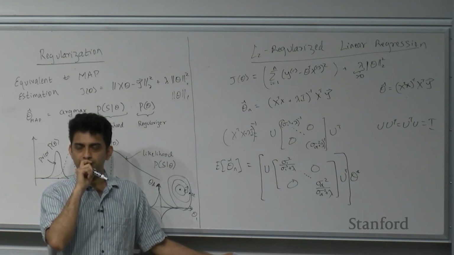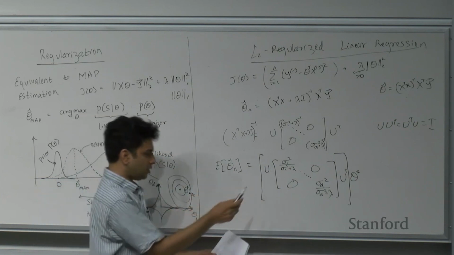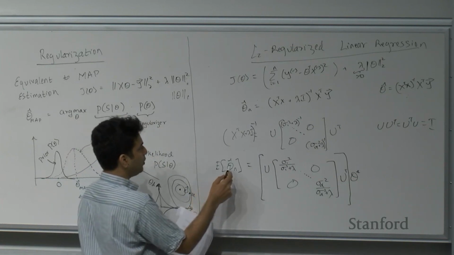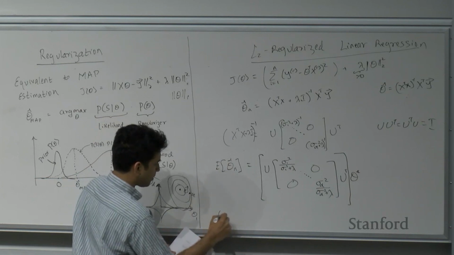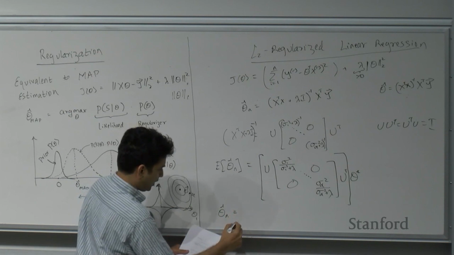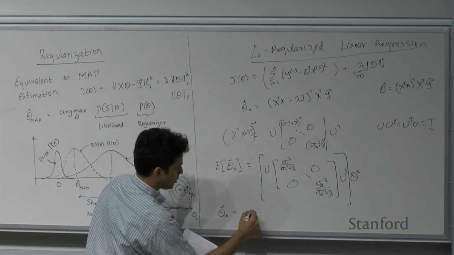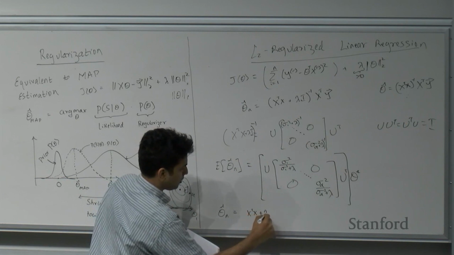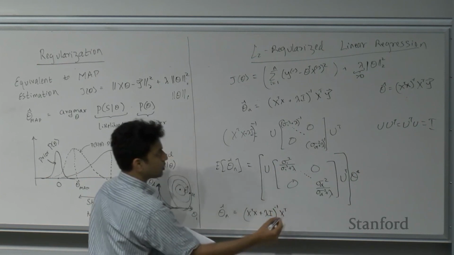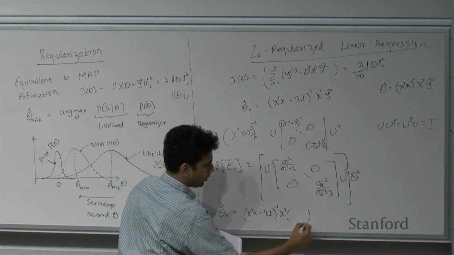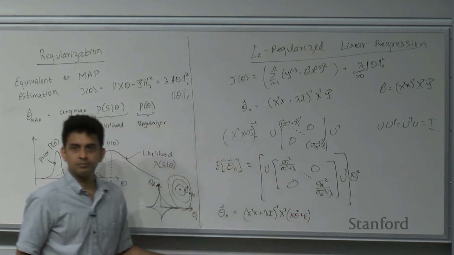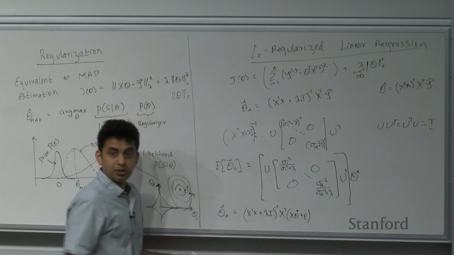Question: can you just explain how you get this expression? It is pretty straightforward. It's on page 4 of the notes. The way you go about doing this is, theta hat n is equal to (X transpose X plus lambda I) inverse X transpose, and then in place of y we write X theta star plus epsilon, because y is X theta star plus epsilon as the assumption.